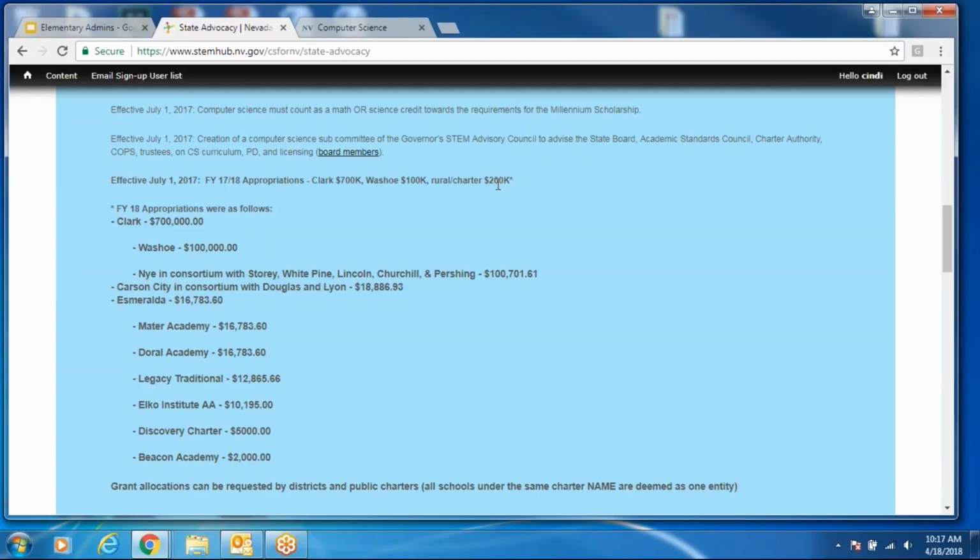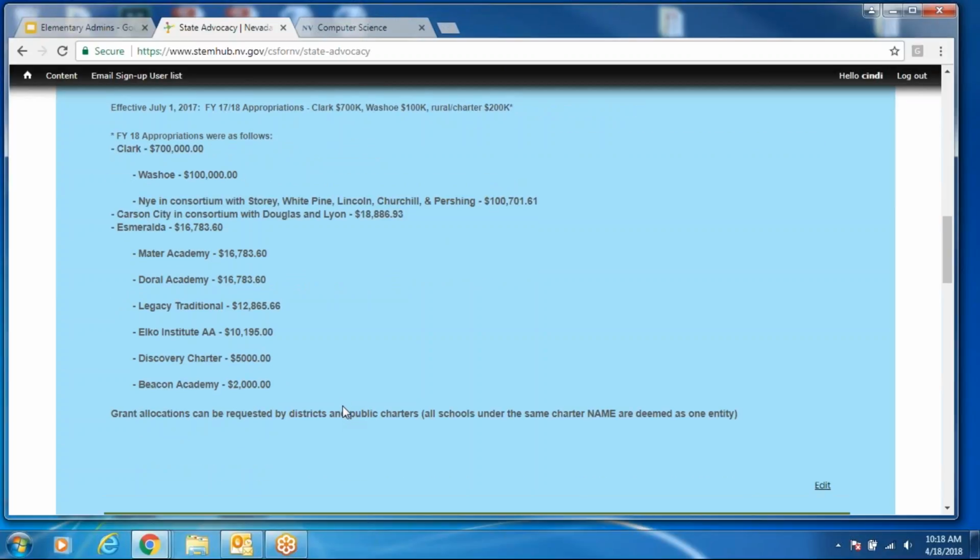In our rurals, some of them joined into consortiums, and they put a budget together and a plan on how to spend the money. Our charters also sent in applications. So we take all of those applications, divide them up in a non-competitive way, and then those get allocated, and you can see how those appropriations were divided out for this year.